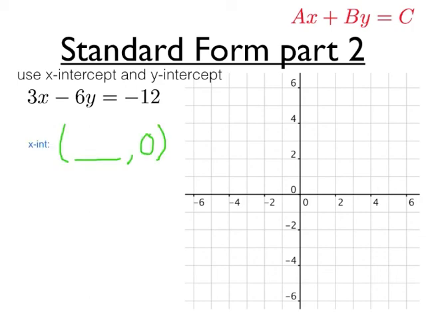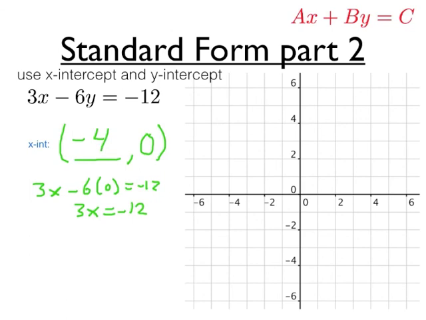So to find the x-intercept, we know that the y-coordinate must be 0. If you plug 0 into this equation, then you get 3x minus 0 is equal to negative 12. So that means 3x is equal to negative 12, and that means x must be equal to negative 4.